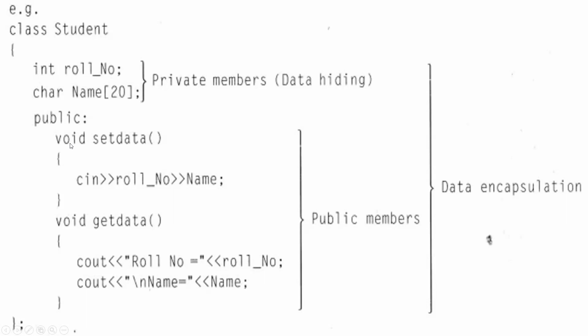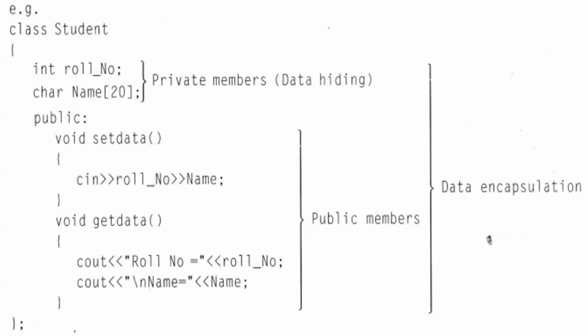Public. There are two member functions in the public section, set data and get data, and we have defined both of them inside the class. In the last video, we saw that there are two ways in which functions are defined: one is inside and one is outside the class.